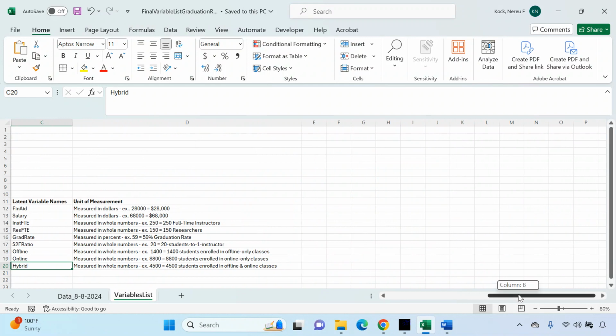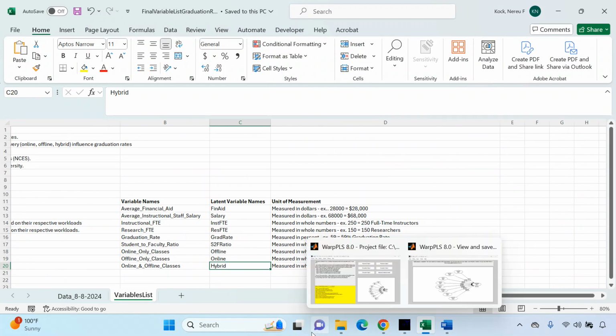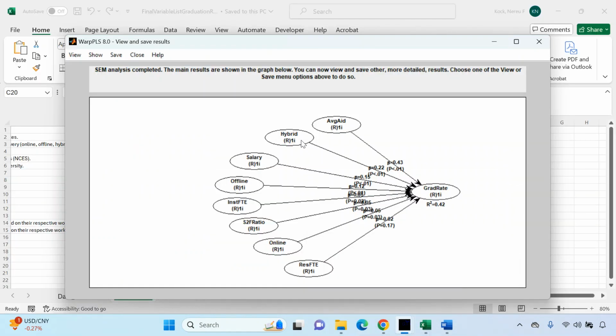So it does seem interesting to me that when you have hybrid, offline and online, all of these three variables included in the model, controlling for each other's effects, hybrid comes out on top, which I thought was quite interesting, and online only at the bottom.